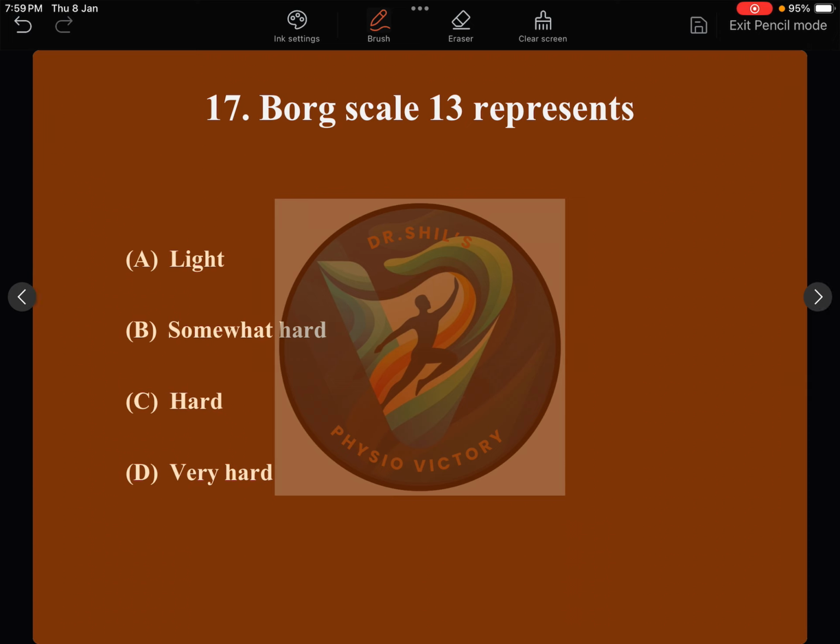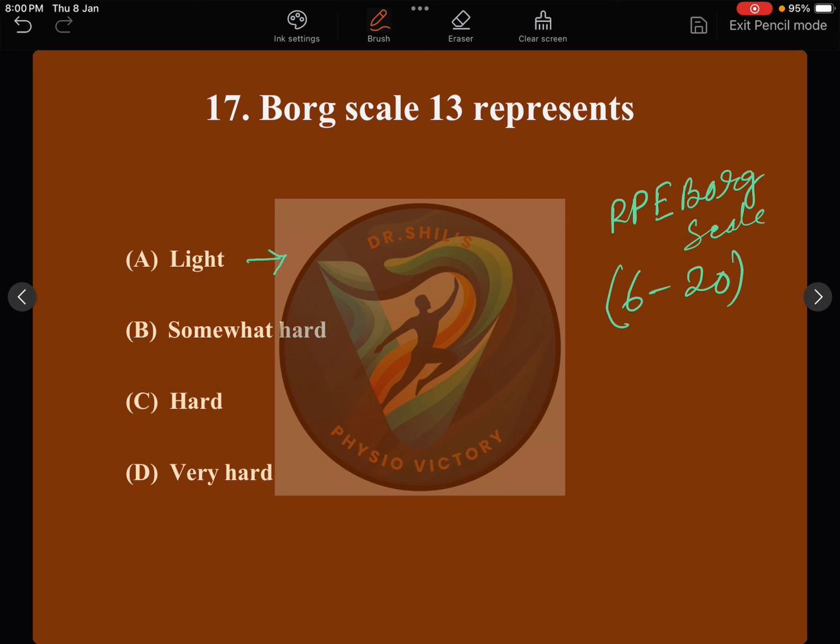Next come to question number 17. Borg scale 13 represents option A light, option B somewhat hard, option C hard, and option D very hard. Borg scale or RPE Borg scale is 6 to 20 points.